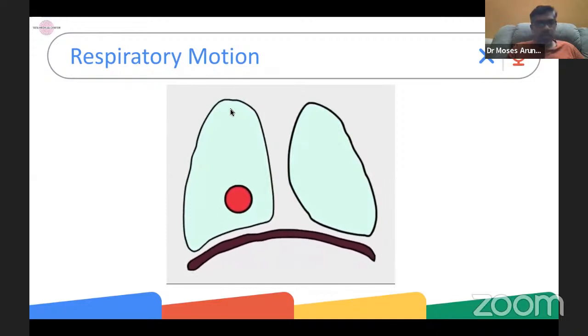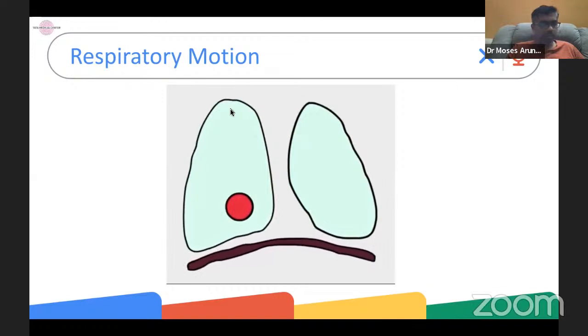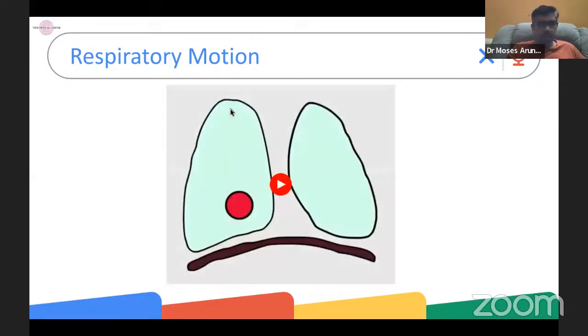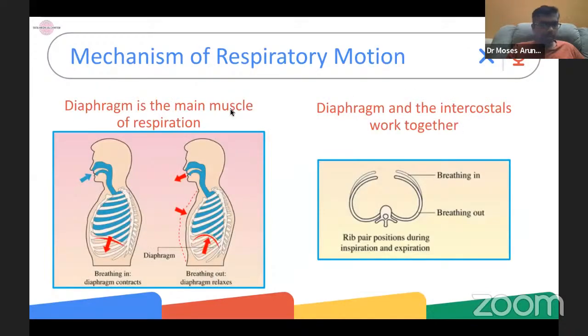Patients can be manipulated to breathe in a particular pattern and hold their breathing motion as well. These are some of the techniques we use for managing respiratory motion. We'll see that in detail as we go on.